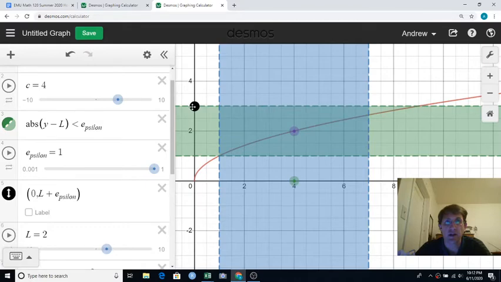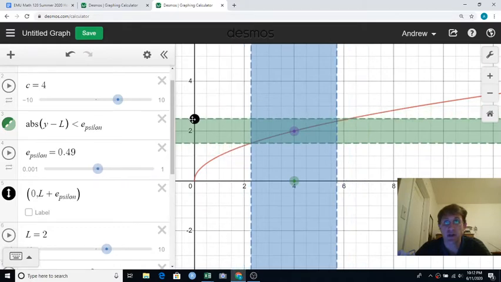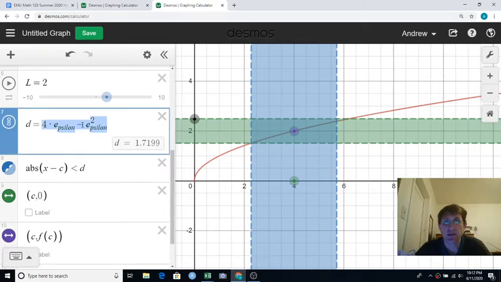So the idea is, as I shrink the tolerance on the output value, getting a narrower and narrower band around what I think the limit is of 2, there's a systematic way to determine a band around the x value such that the output curve is always between the green upper and lower limits here. What is that relationship? The book shows all the algebra of finding that it's this.